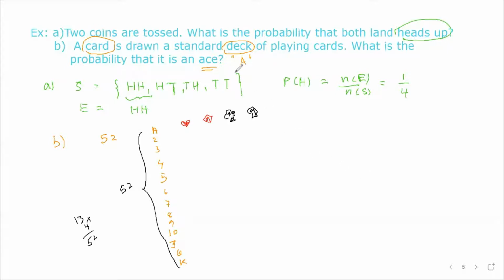But then they want to know the probability that it is an A. Okay. So in this case, when we talk about this, we can think about when you learned combinations, remember, we can use combinations, right?